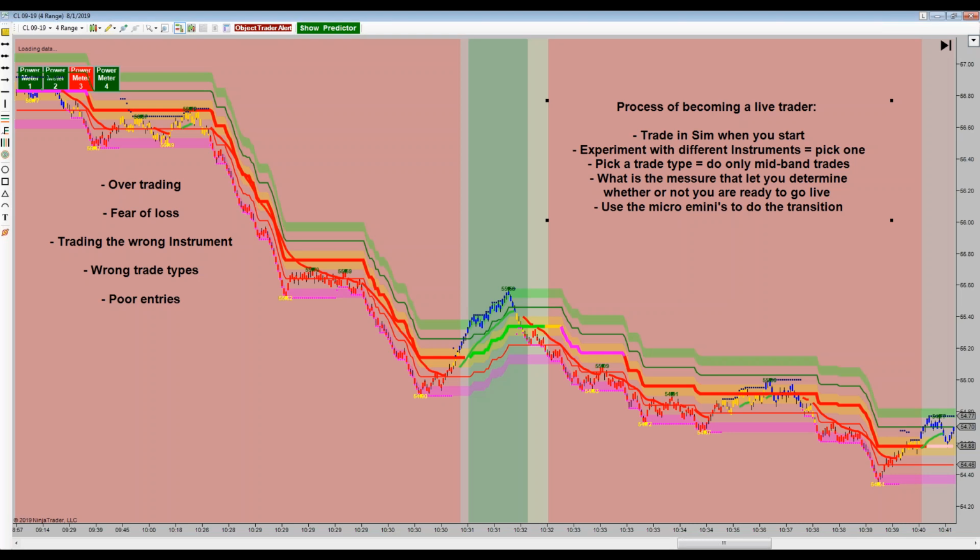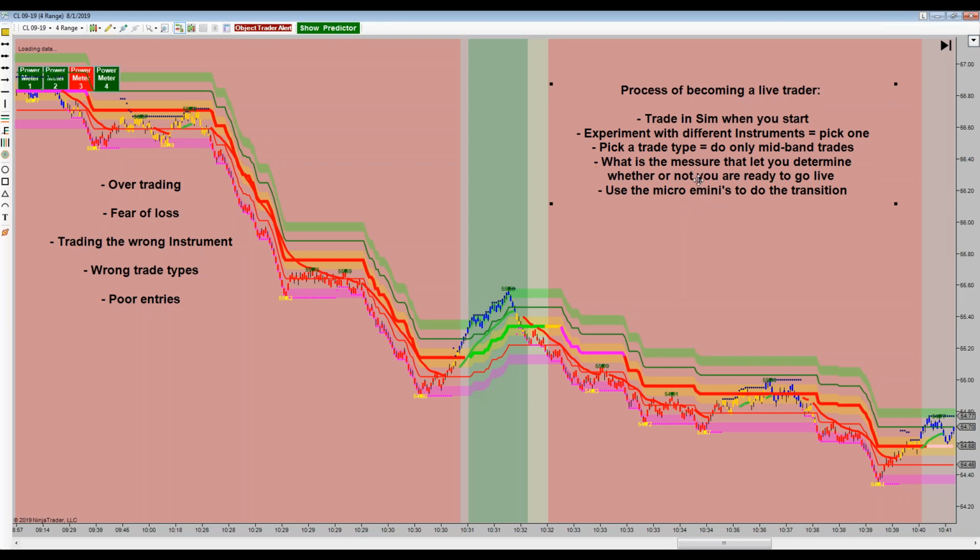Do you think that the micro E-mini approach in the beginning, as you make the transition psychologically from sim to live trading, is the purpose of that to make money? Yes or no? 5 seconds. Are you going to be hitting your profit goals, $500 a day, trading 1 or 2 E-minis, even if you nail a couple of winners?